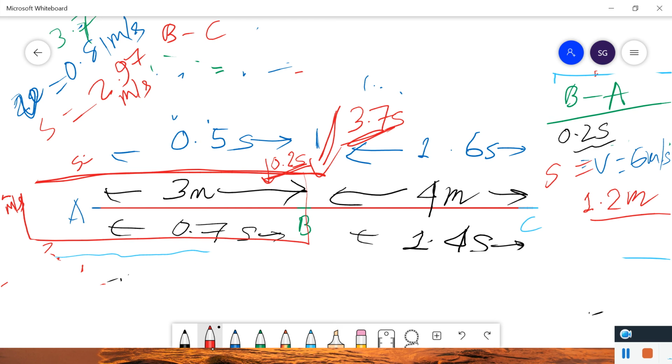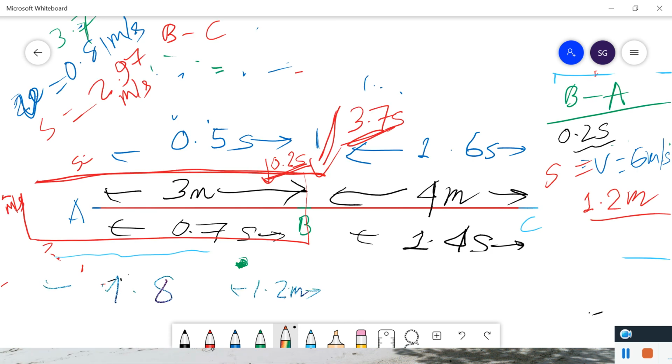Here 1.2 means the position will be, assume this position, the final position. From here we have calculated 1.2. So from here it is 3 minus 1.2, that is 1.8 meter.